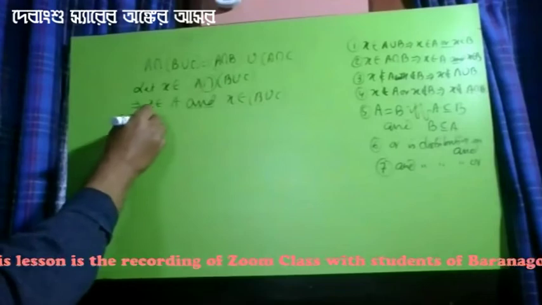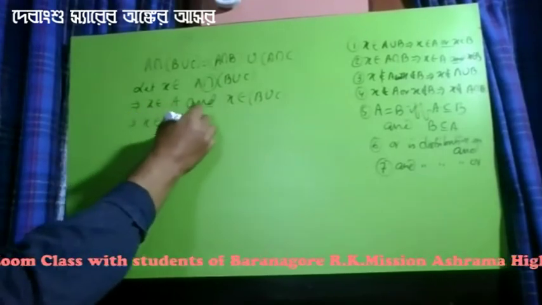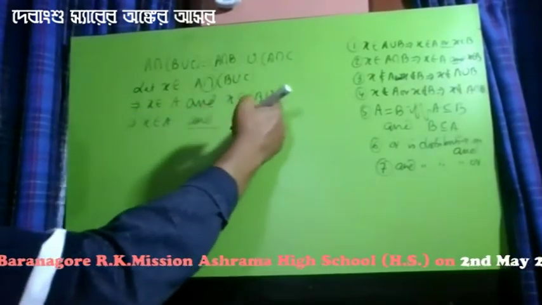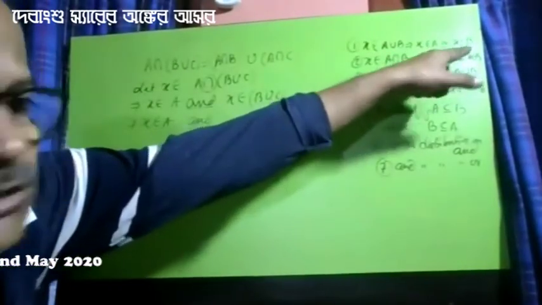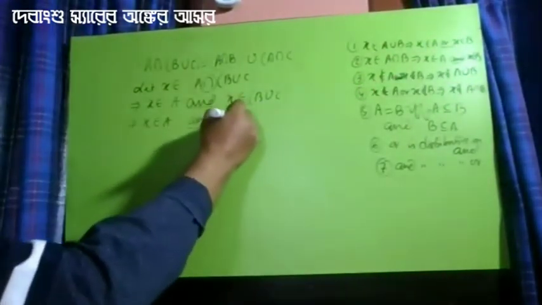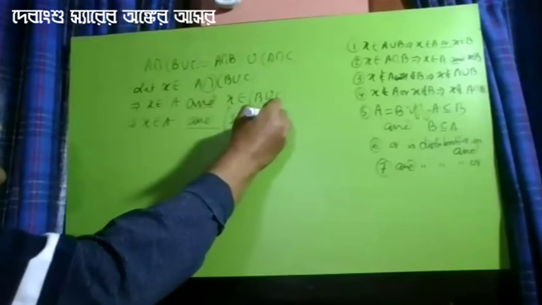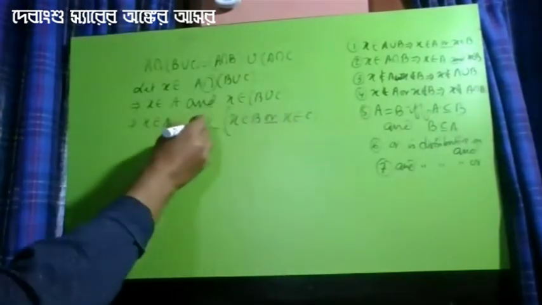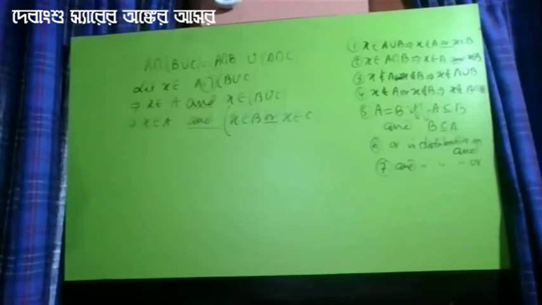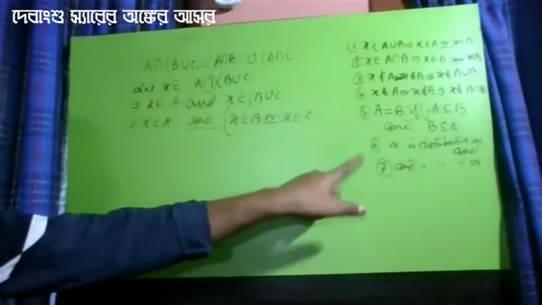That implies X belongs to A and X belongs to B union C. Union implies this or this. So within bracket, X belongs to B or X belongs to C. Now the AND is outside, OR is inside, so I'll use distributive properties.